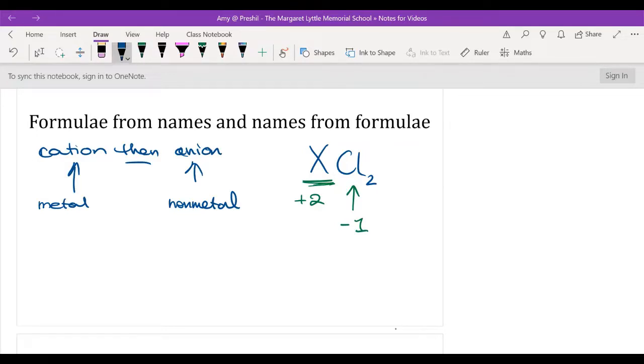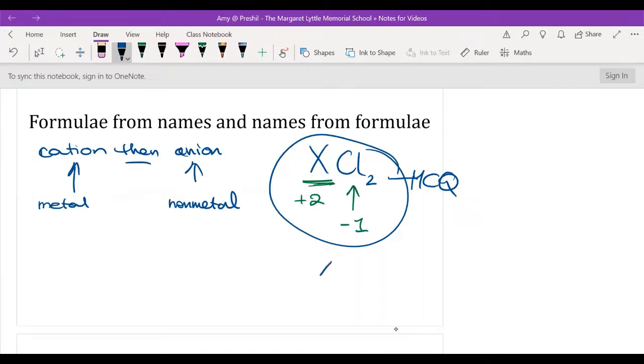This is a common multiple choice question where they will say a metal salt has the formula XCl2. Which of the following ionic compounds has the correct structure?